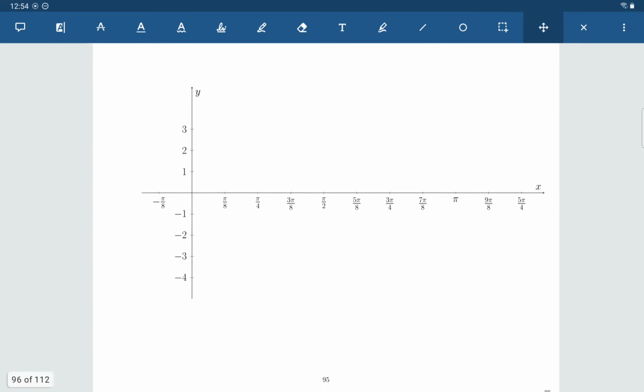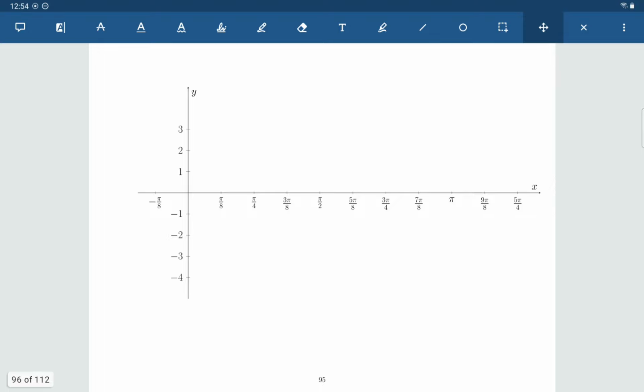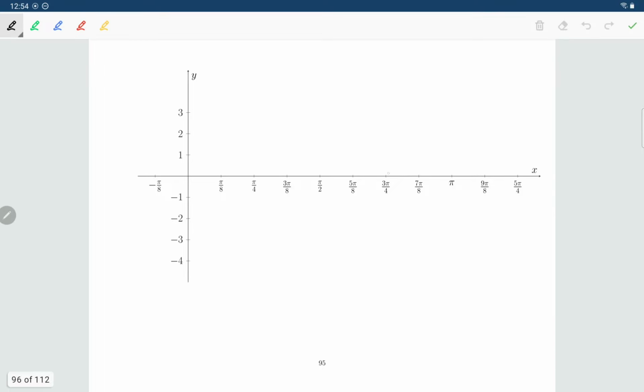Let's start plotting. We have 3 pi over 4, -1. We have 7 pi over 8, -4, pi, -1, 9 pi over 8, +2, 5 pi over 4, -1, and there we go.